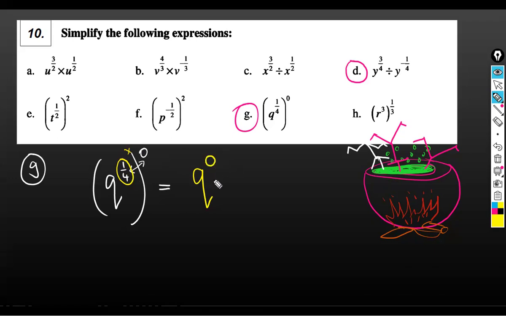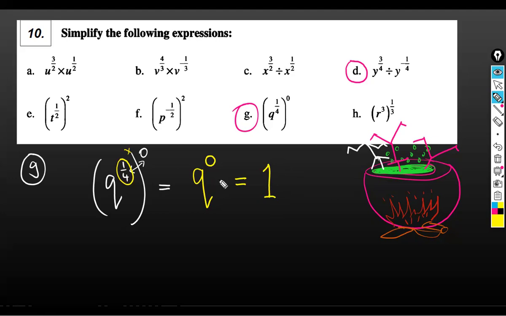Now, the question is not finished. We end up with q to the power 0. But here's the next question, and I did this on the first day of class: anything to the power 0 is how much? 1. Your final answer is 1. Not q to the power 1, but 1.